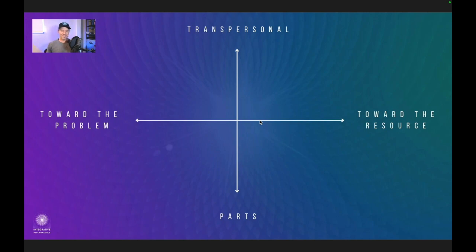But there's a whole other axis here, as you can see, that for a lot of us, again, if we're kind of living in the middle, we may not be too aware of the extremes, right? So at one extreme, we have the transpersonal, right? Transpersonal is kind of a fancy way of saying the transcendent, the spiritual, the non-dual, the connective, the wholeness of life, right?